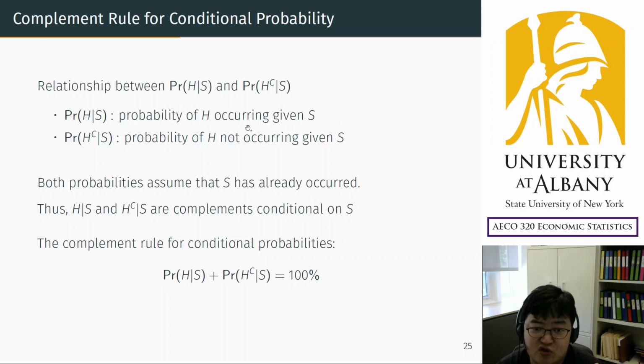As long as the condition is the same, the complement rule is satisfied as usual, as before. Okay? So this is also pretty straightforward. Again, the key idea is you have to understand how the condition works, what role a condition plays, and then the following results are pretty straightforward and very intuitive.